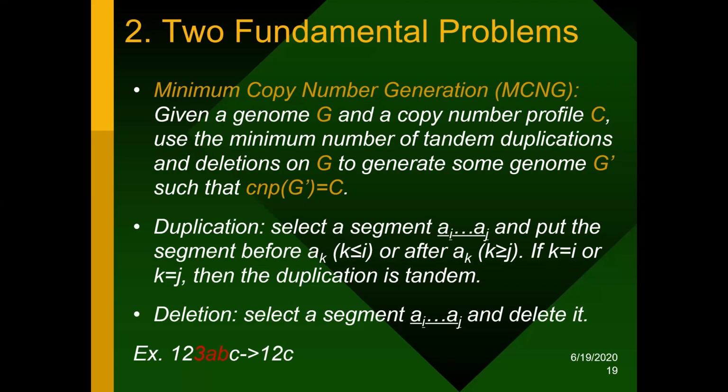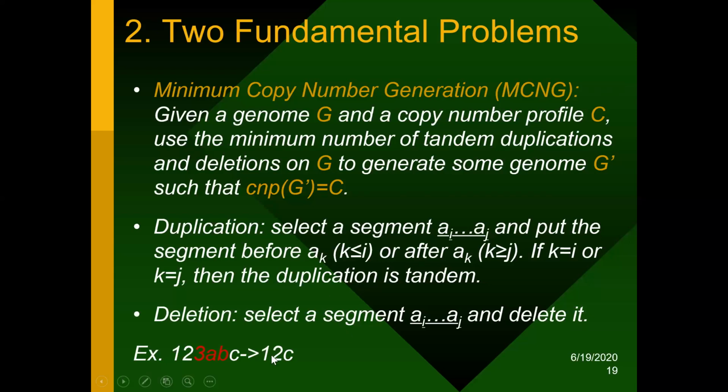For duplications on genomes or on sequences, I will define very quickly. Basically, you select a segment AI to AJ and put this segment before AK or after AK. In the former case, K must be less than or equal to I. In the latter case, K is greater than or equal to J. If K is equal to I or J, then the duplication is random.